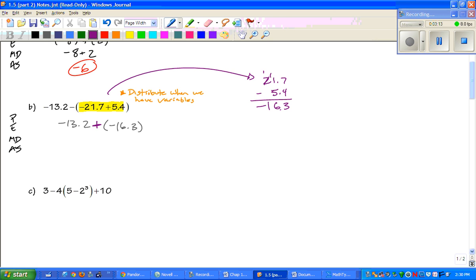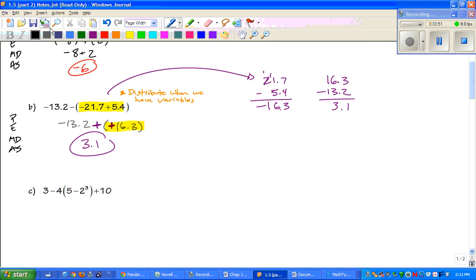And whenever we see subtraction, we're going to add the opposite. So now we have 16.3 and negative 13.2. So are they same signs or different signs? They are different. What wins, positives or negatives? Positives. So we're going to do some more work off the side. 16 is the bigger number. Subtract 13.2. You get 3.1, and it's a positive 3.1.